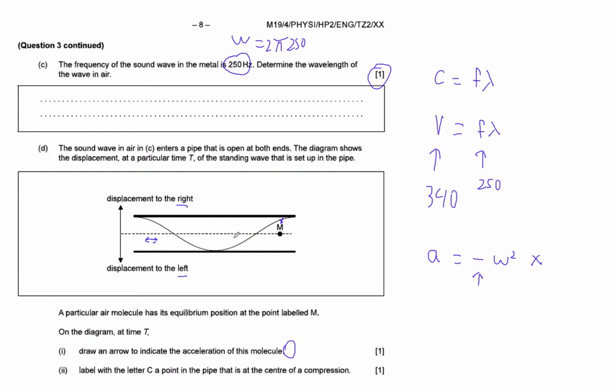They could ask you where is a compression, where is a rarefaction. From here to here, these are displaced left. From here to here, that's rightward. See if you can think that through and decide where the compression is.